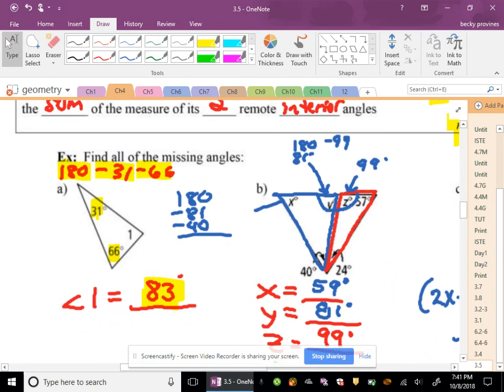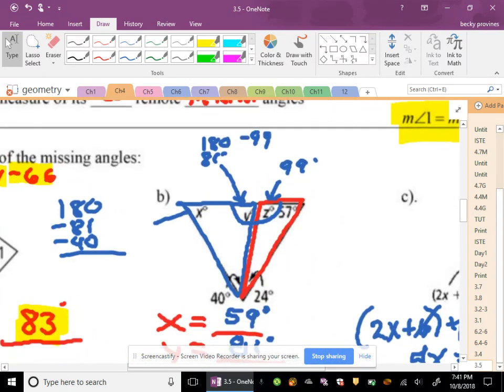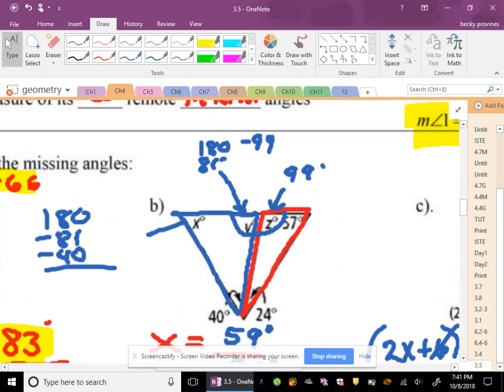Now this next one, we go from a pretty easy one on A to a more complex one on B. If you look, I made it into two triangles, the red and the blue. On the red one, I have the 24 degrees and the 57 degrees, so I can find angle Z pretty easily.